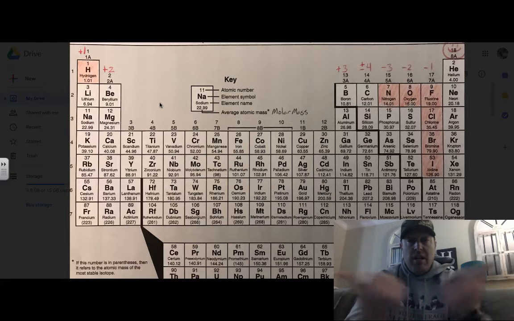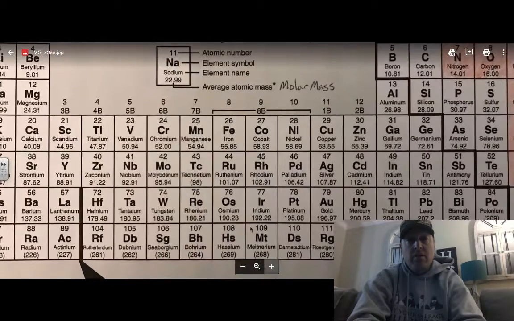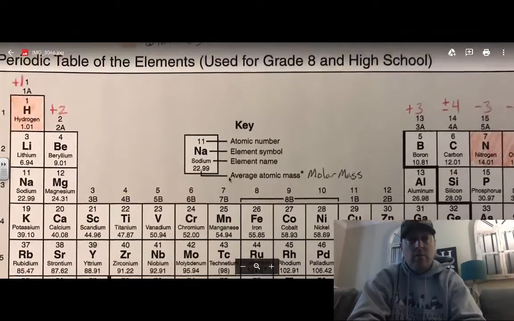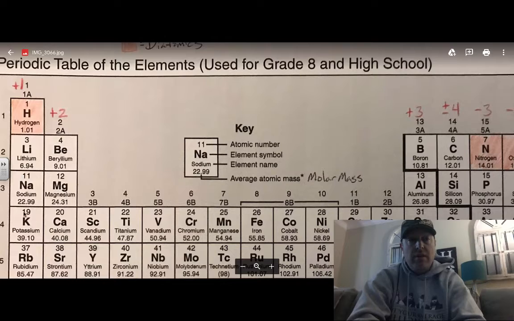And if you remember, the outsides of the charts were the more extreme ones, the ones that either really wanted to get rid of electrons or really wanted to have them. If I zoom in on this chart a little bit, we wrote +1 for all of the alkali metals, and then the alkaline earth metals were +2. This center spot, they were kind of all over the place, right?